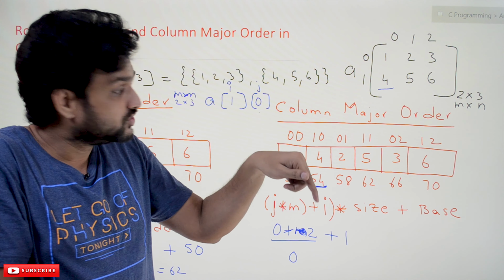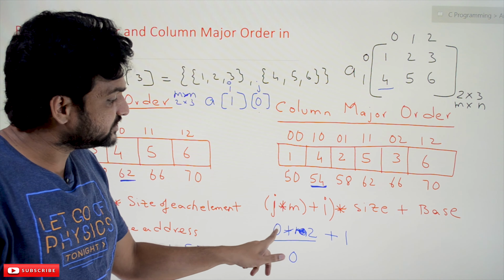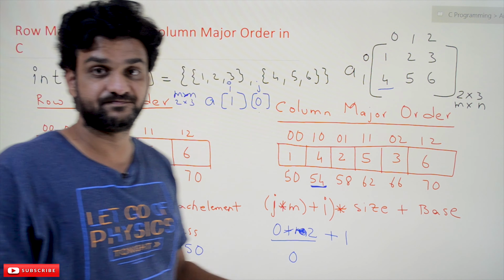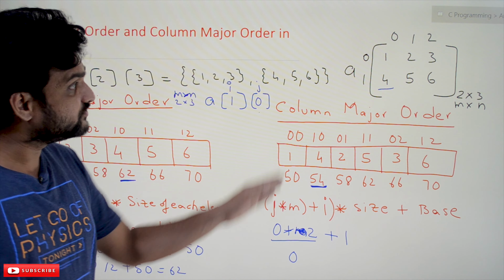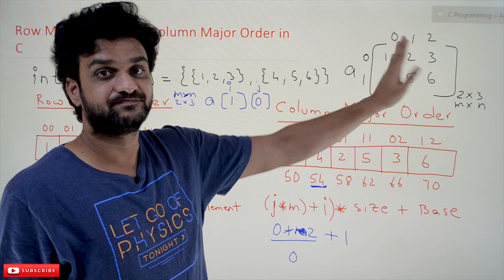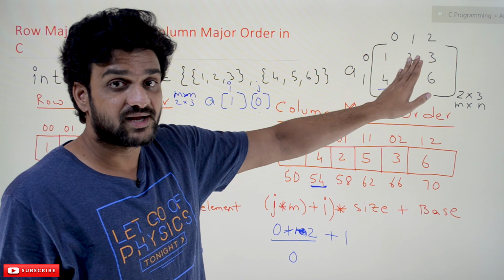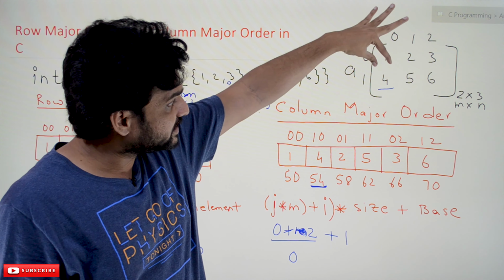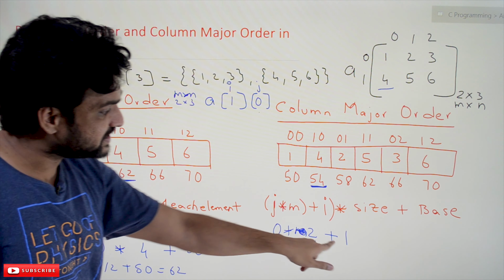That is the reason we get 0 into 2 as 0. If we were trying to access another element, we would have to cross one column, but here we are in the column itself. So it is 0 plus I.